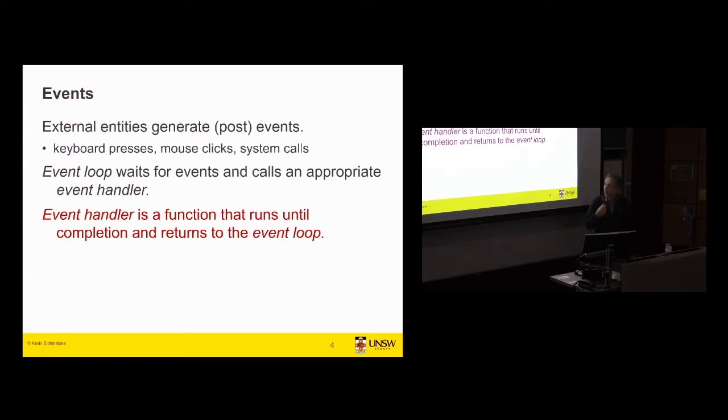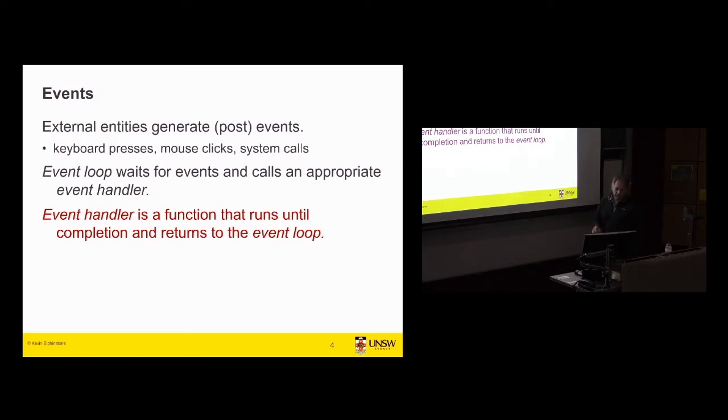So, the event-based model. I'll talk about the mechanics to give you a more foundational idea in a moment, but at a higher level, the event model has this idea of some kind of external entity or even internal entity that generates events, okay? The bit of jargon that generally gets used is something posts an event, and once the event is posted, we would like to react to that event, okay?